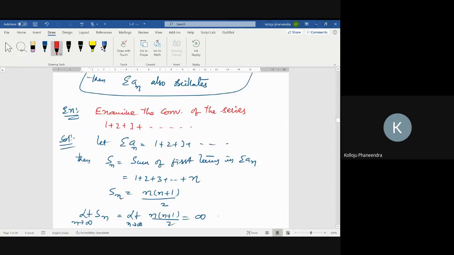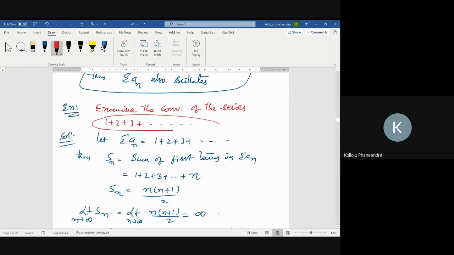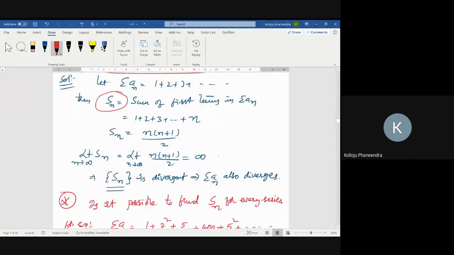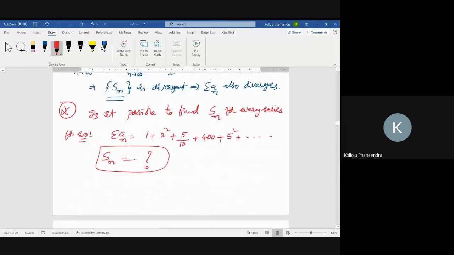Now here I consider one simple problem: 1 plus 2 plus 3, or this may be 1 square plus 2 square. If I know the formula to find the sum of the first n terms, then whatever the definitions I told are valid.